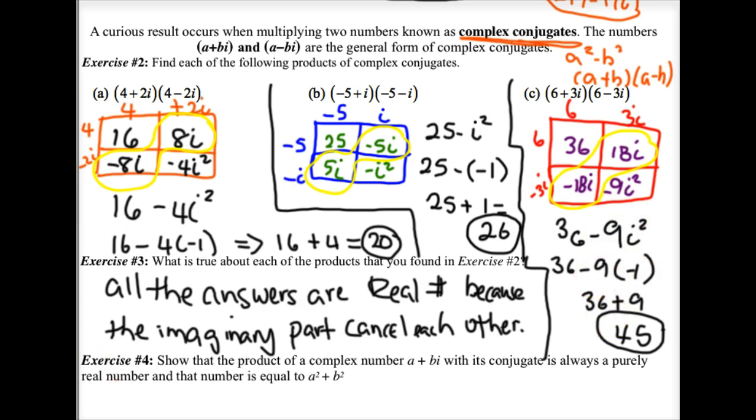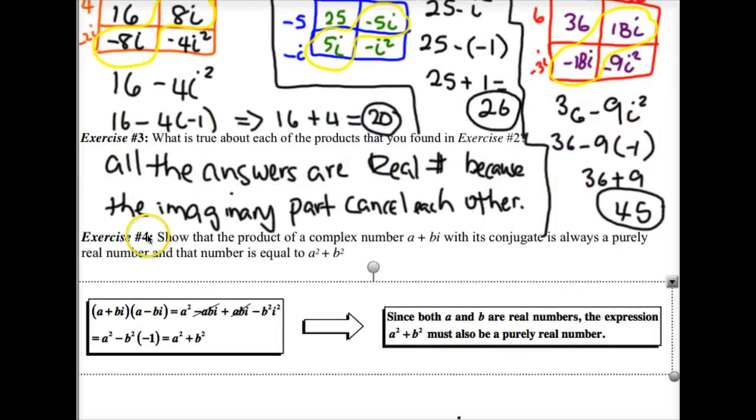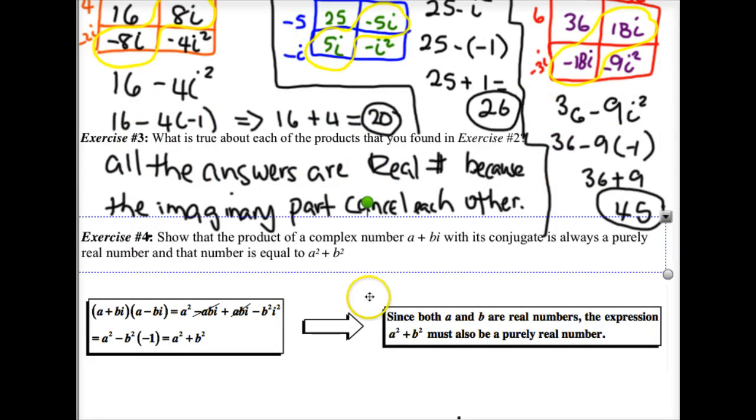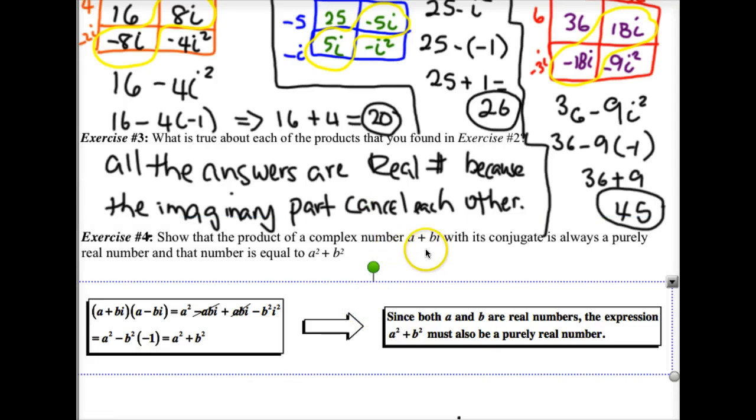Now for exercise 4, it's a little proof which looks something like this. Why is it that when I multiply a plus bi by its conjugate, I always get a real number? Basically, it's what we did here. You FOIL it out, we saw that the imaginary part cancels each other off, and I'm left with something that looks like a squared minus b squared i squared.